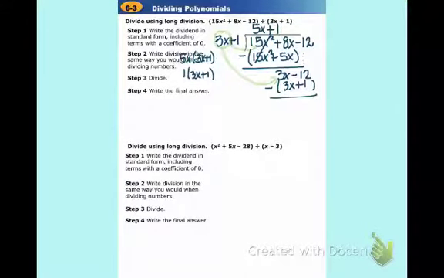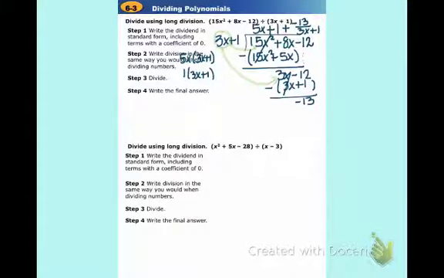So when I subtract, the 3x's are going to cancel, and then I have minus 12 minus 1, which makes minus 13, and that's my remainder. So I would write that as either plus a negative or minus 13, but I'm going to do it as plus a negative 13 over 3x plus 1.